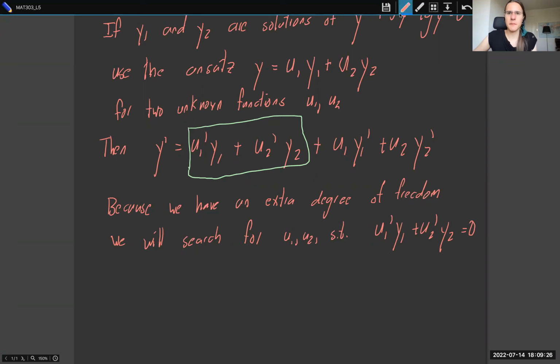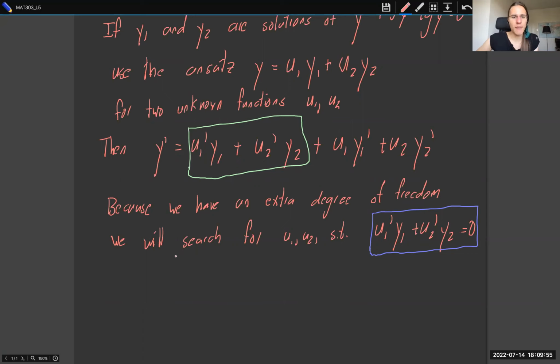And so this is going to be an important equation. At the moment, I'm allowed to impose whatever equations I want. If I impose 100 equations, then it's probably going to be impossible to find a solution to the system. But I'm going to claim that when we impose this equation, we'll be able to solve for u1 and u2 uniquely up to an additive constant.